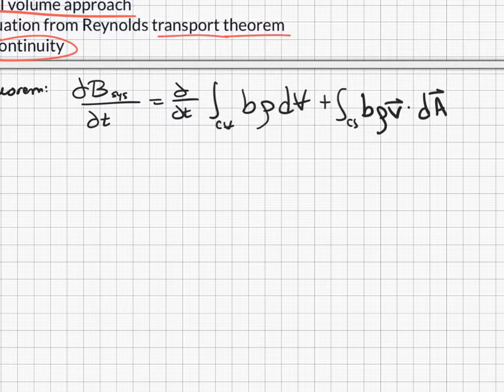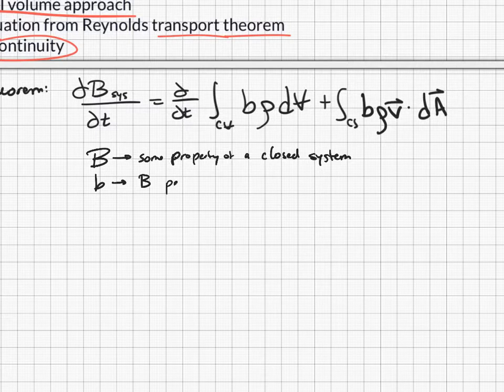Okay, so what we're looking at is B, this capital B. And this is some property of the system, of a closed system. And then lowercase b is that same property per unit mass. So it's B per unit mass.